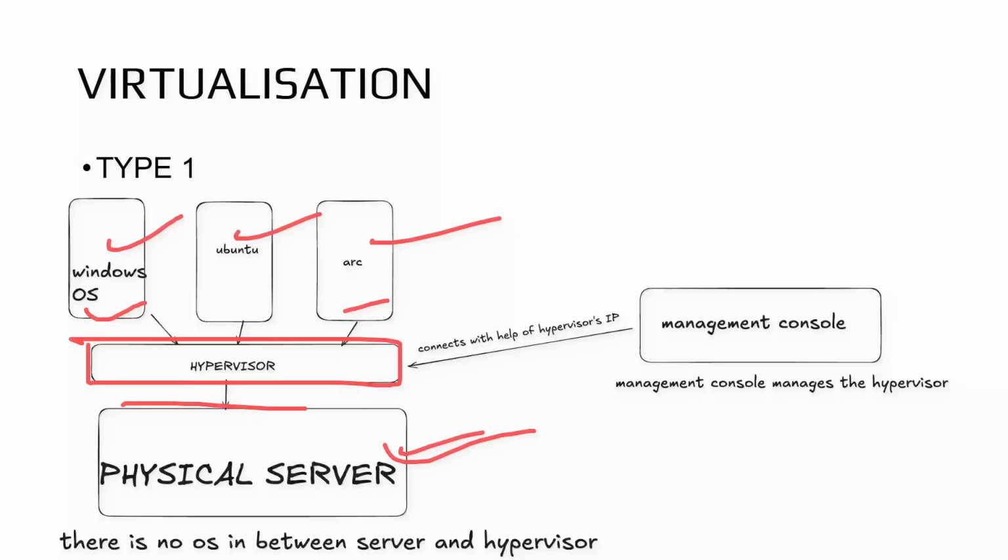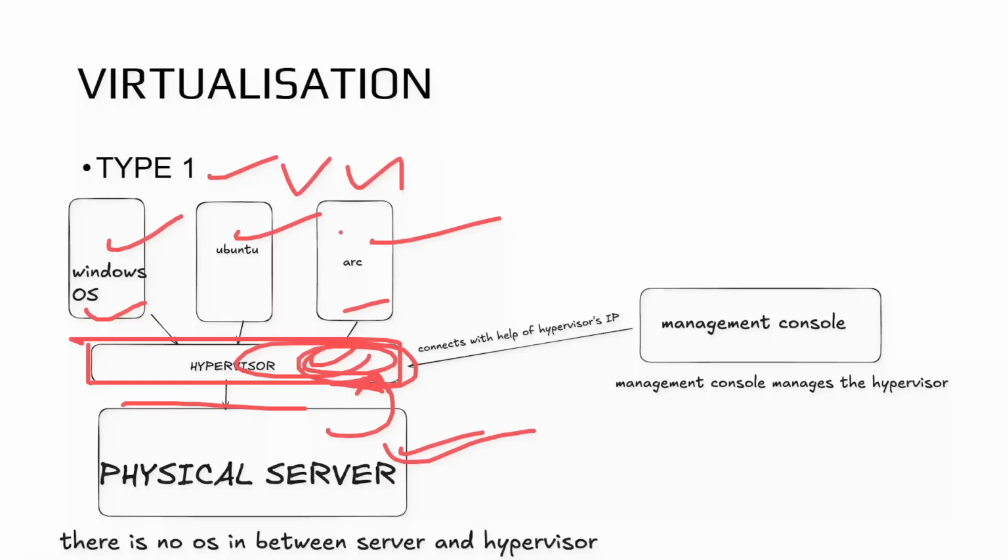A hypervisor is just a piece of software or a firmware which runs on top of this physical server. The place of this hypervisor depends on the type of virtualization. It's just software or firmware which runs there, which helps you to run these virtual machines by abstracting the hardware.